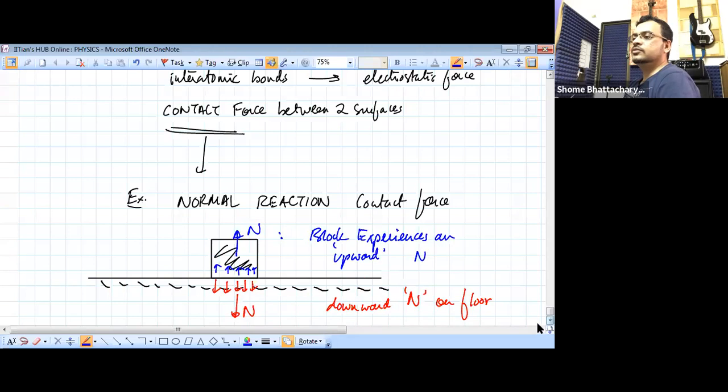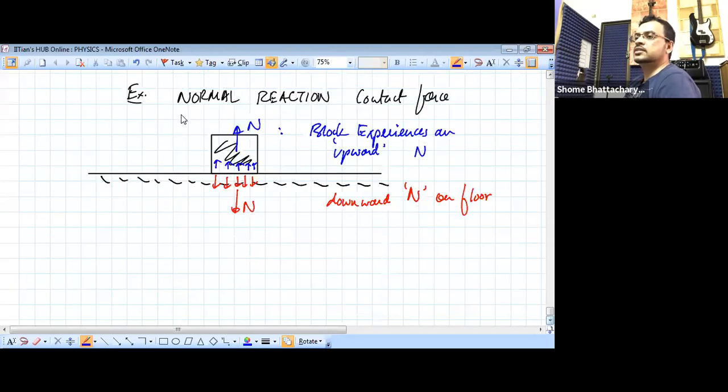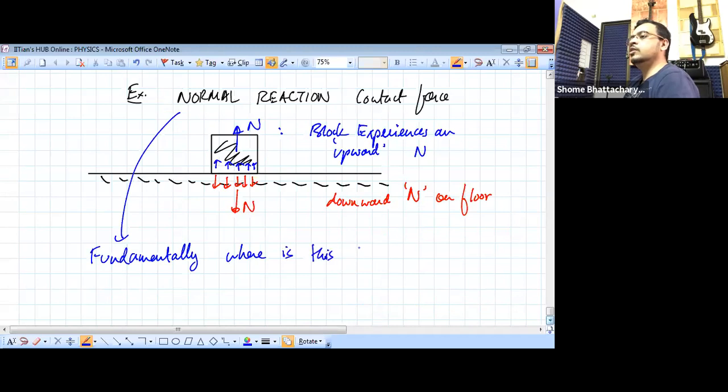But this normal reaction force, fundamentally, what is it a result of? Where is this contact force coming from? Is it coming because of gravity? No. This is not because of the mass of the earth pulling it down.